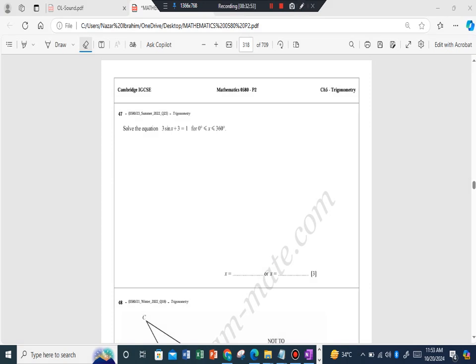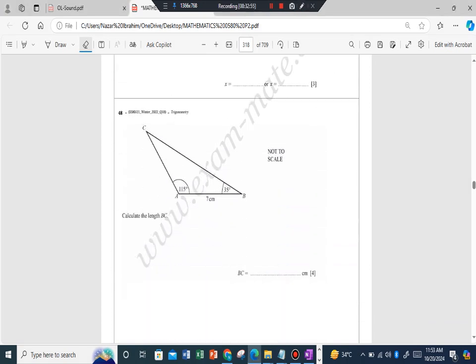Okay, let's move further. Question number 48. It's a triangle, and we are asked to find BC, and we are given angle A, angle B, and side AB is given to us, right? I can calculate the third angle, as the sum of all angles in a triangle is 180 degrees.